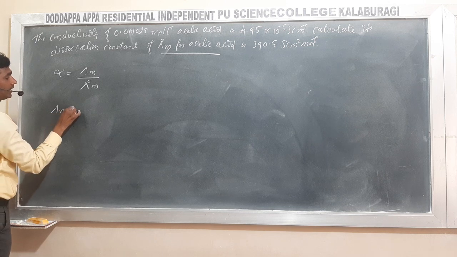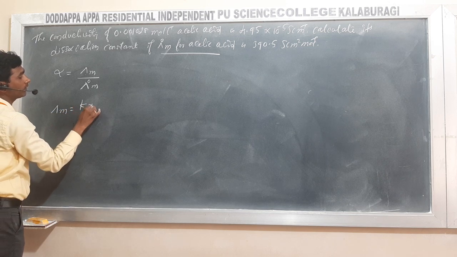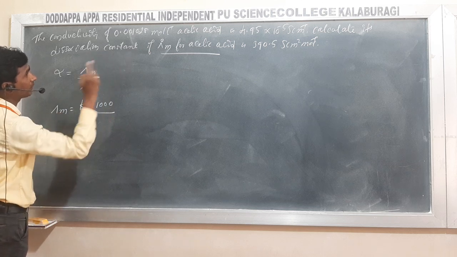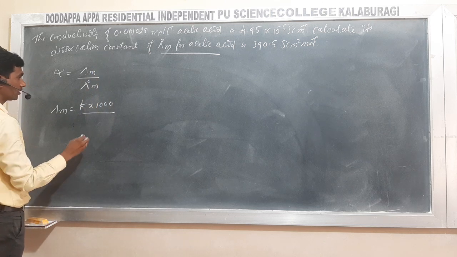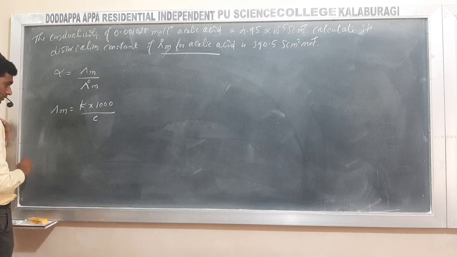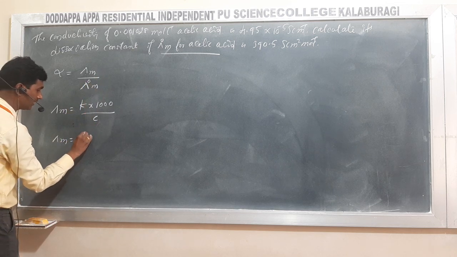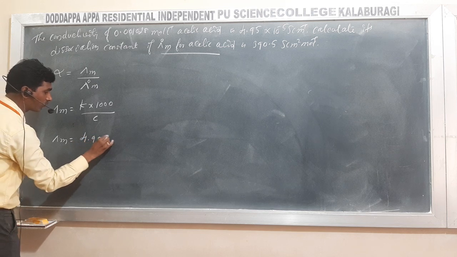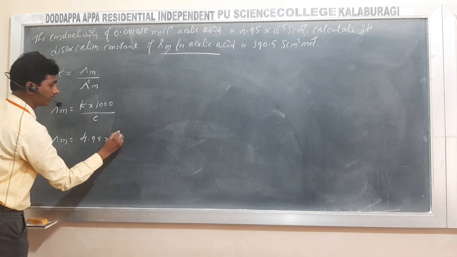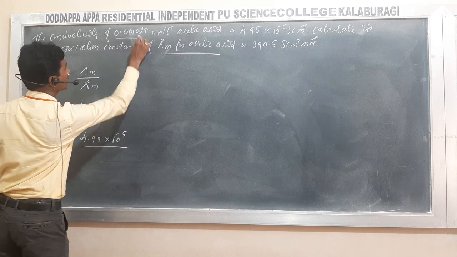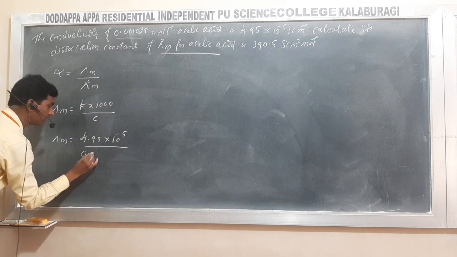Molar conductivity equals conductivity multiplied by 1000, because it is in S per centimeter, divided by concentration. So the conductivity given is 4.95 into 10 to the power of minus 5, divided by the concentration, 0.001028.